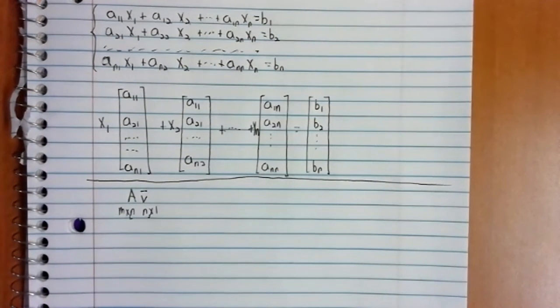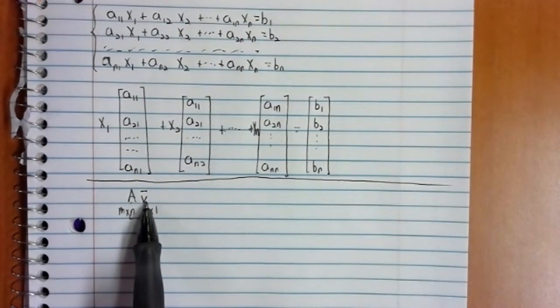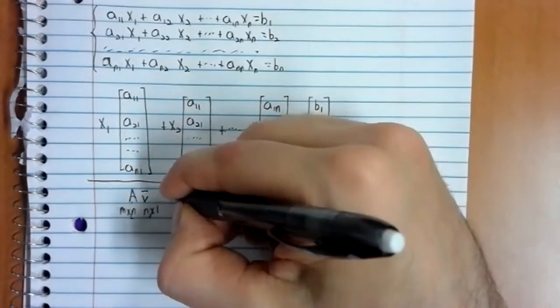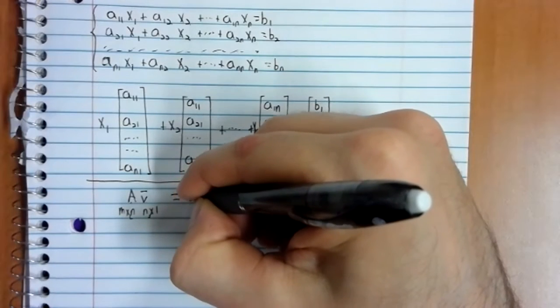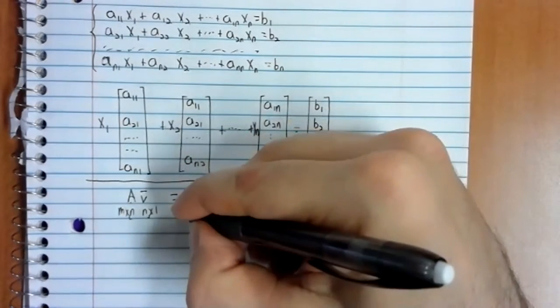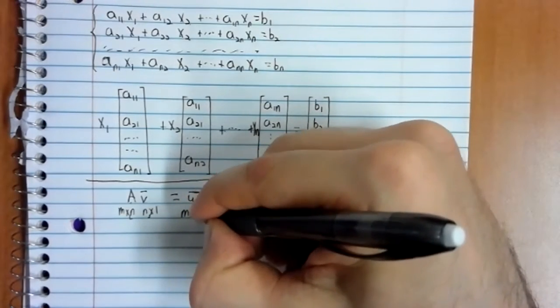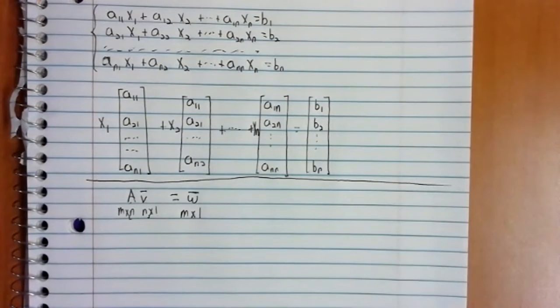That is to say, the matrix has to have as many columns as the vector has rows. The resulting vector will have as many rows as A does.